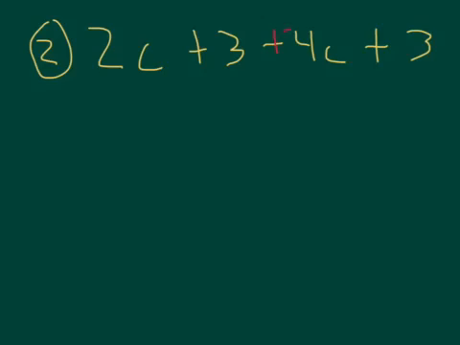So that's step 1. Step 2 then is to combine your variables. I see that I have 2c here, and I have 4c here, so I can go ahead and combine those. So I'm going to underline them, and then I'm going to combine them. I have 2c, and I have 4c, and my 4c is negative, and my 2c is positive.